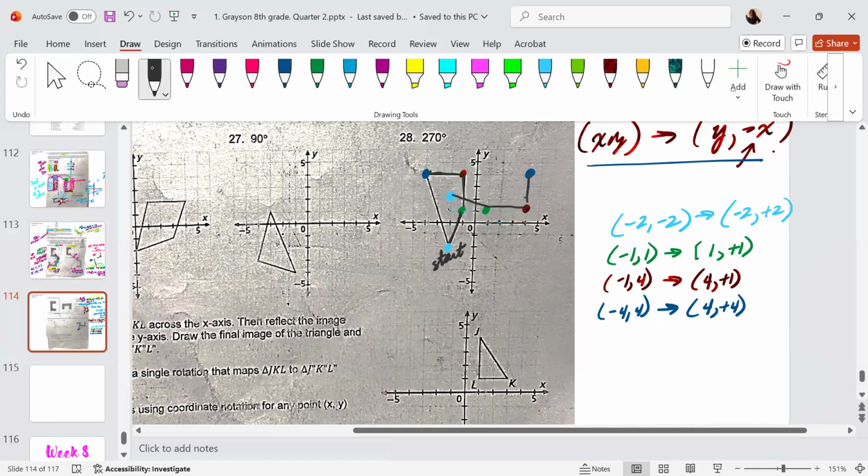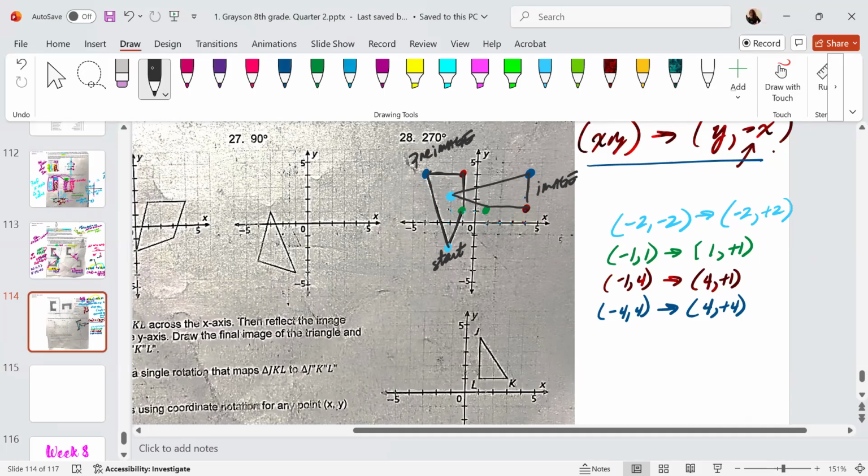Do you see that? Dark blue dot connects to the light blue dot. Now, do you see how it works? Do you see that? This is your pre-image, and this is your image. It's a new image. Does that make sense?